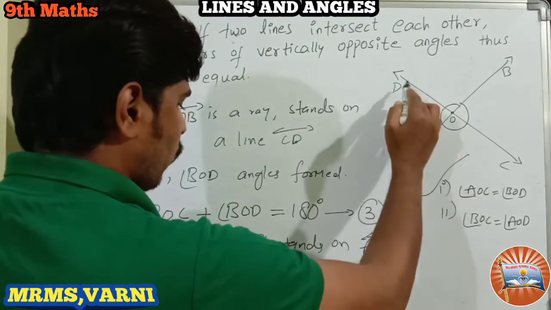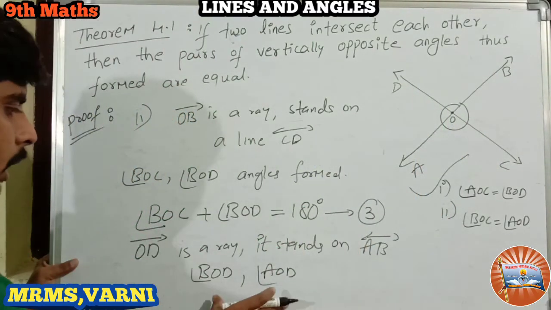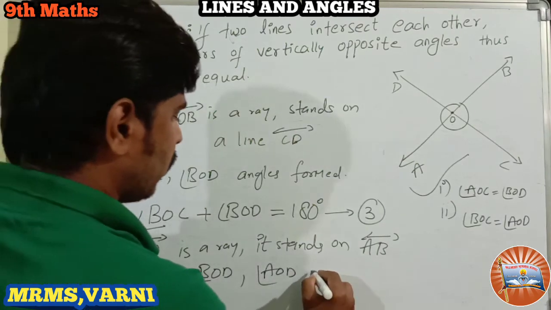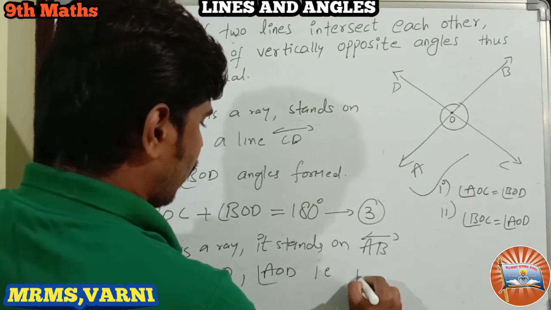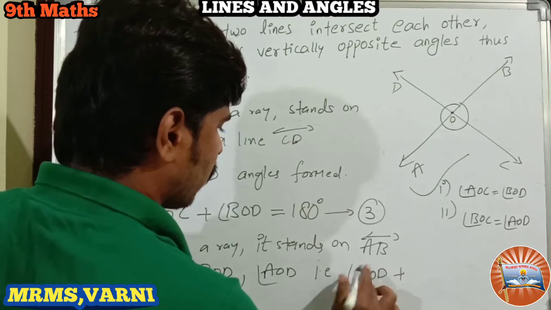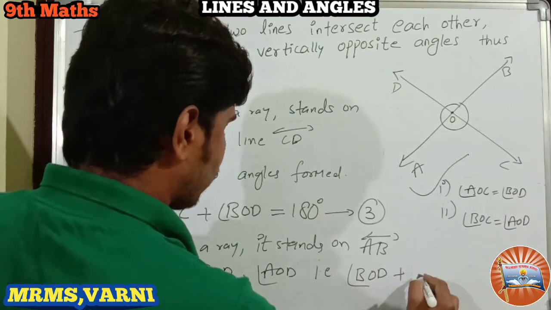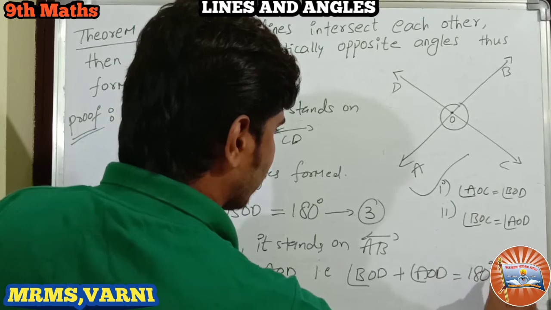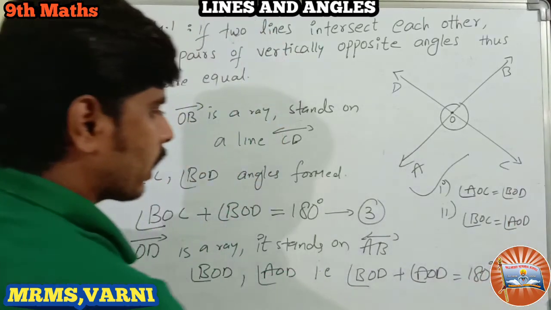BOD and AOD are adjacent angles. Okay, is it clear? So what can we write? Angle BOD plus angle AOD is equal to 180 degrees. Consider it equation 4.